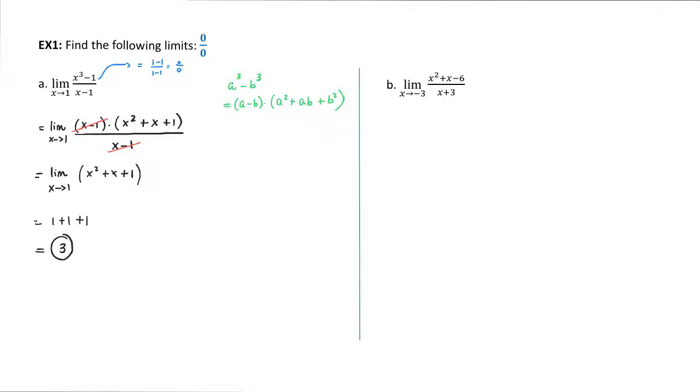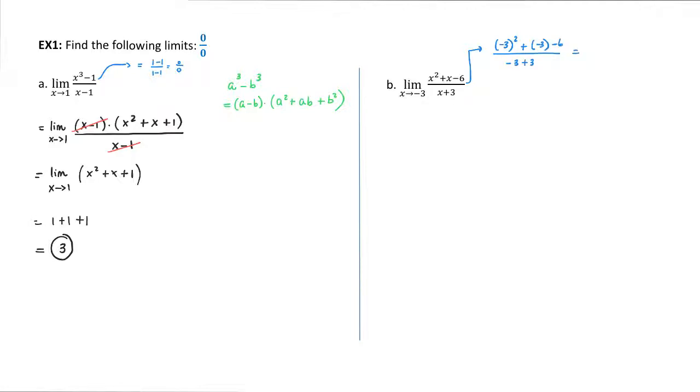Part B is asking us to find the limit as x approaches negative 3 of this function over this one. So one big rational function. Immediately I notice that there may be a problem at negative 3. In fact, if I try substitution, I am going to get negative 3 squared plus negative 3 minus 6 divided by negative 3 plus 3.